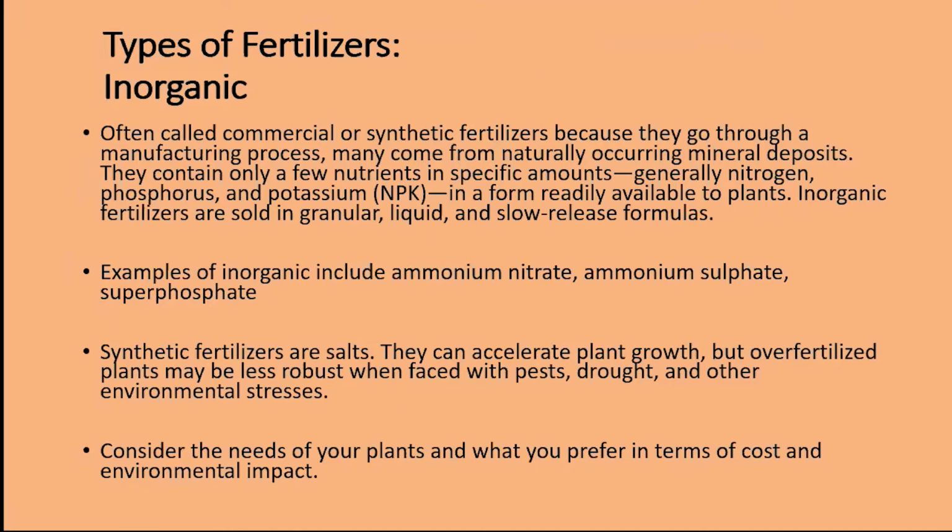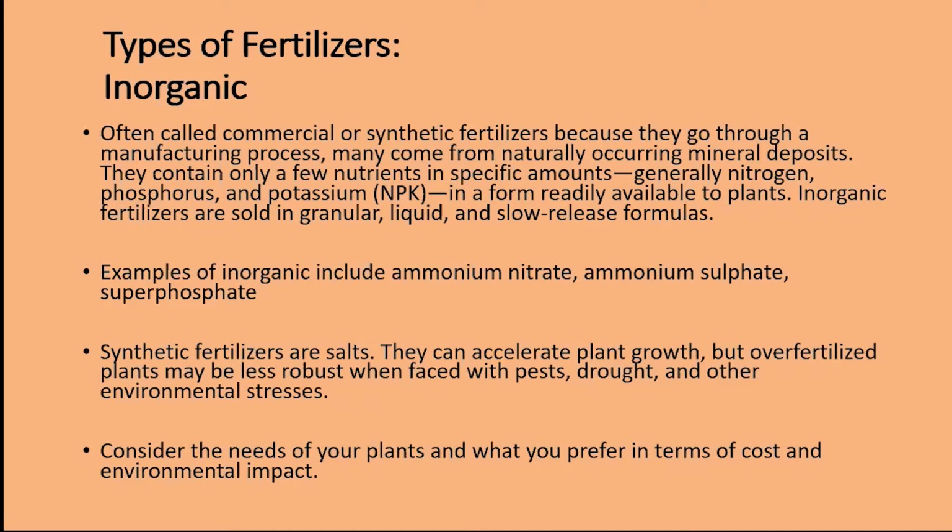Now we have to decide, are we going to have inorganic or organic? The inorganic are often called commercial or synthetic fertilizers, although they are usually mined as naturally occurring mineral deposits, but they have been manufactured and processed to provide the nutrients in specific amounts that can be taken up rapidly in the soil.